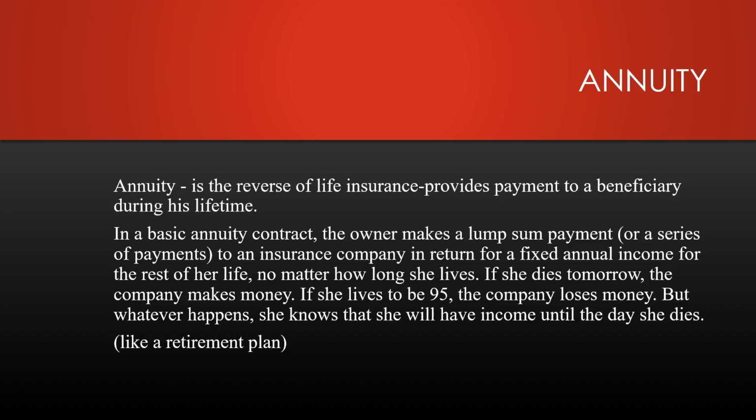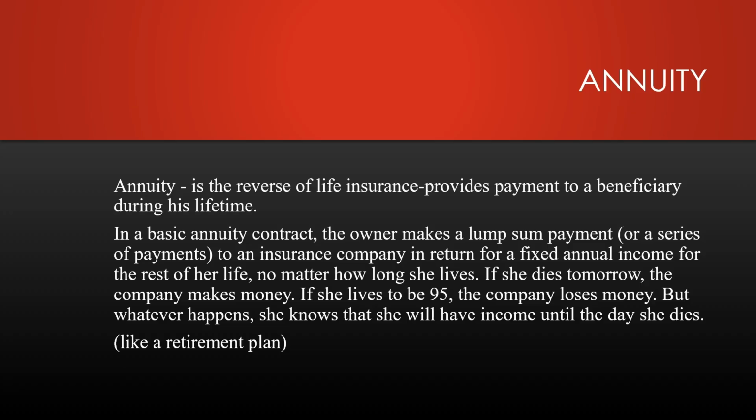And then there's the annuity. I personally don't like to plop this in life insurance. In my head, I think of this as a financial product for retirement. It's kind of a reverse life insurance. This provides payment to a beneficiary during his or her lifetime.